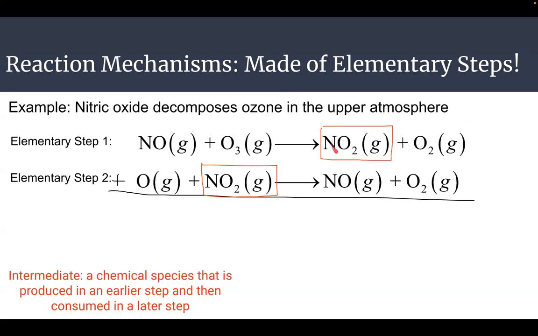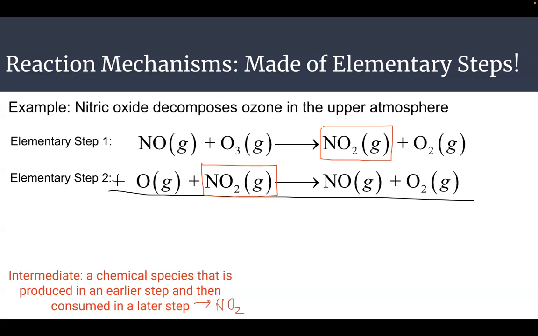It's a product early on, and then it's consumed in a later step. We notice product earlier, reactant later. So we would say that NO2 here is our intermediate in this reaction. Because it's both a product and a reactant, all intermediates will be canceled in our overall reaction.